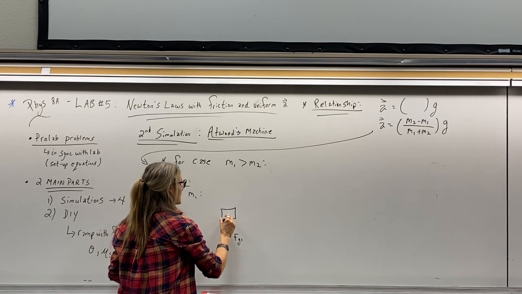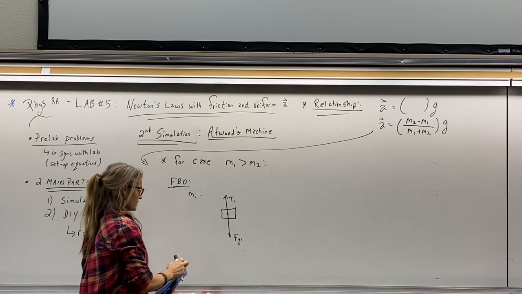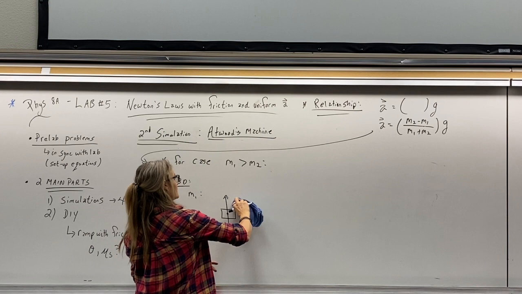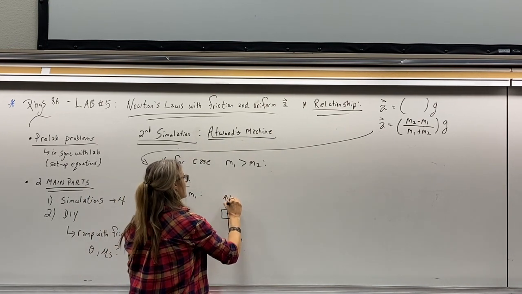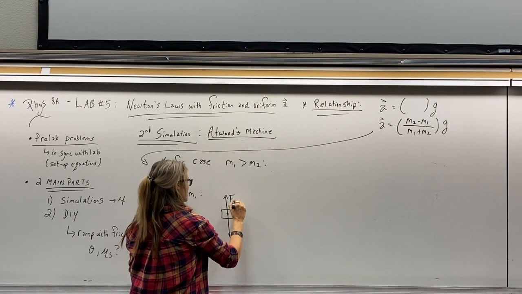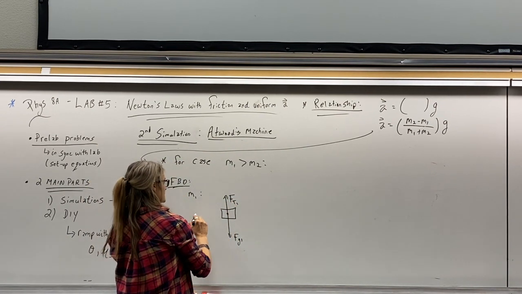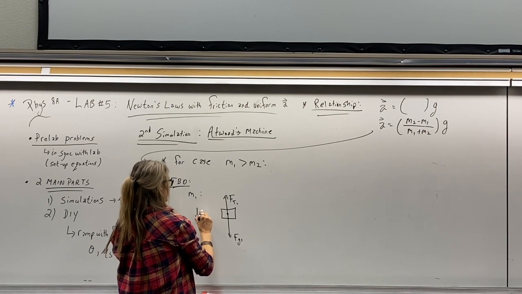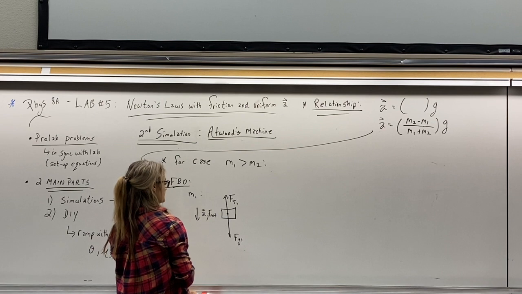And then tension on 1 will pull it upward. There's a tension force, and I'm trying to get out of the habit of using W's and T's. I'm going to call this Ft of 1.